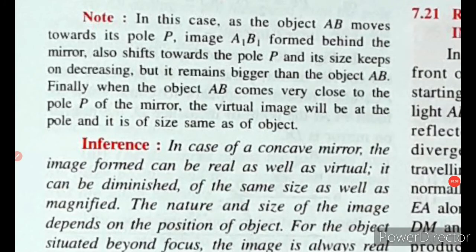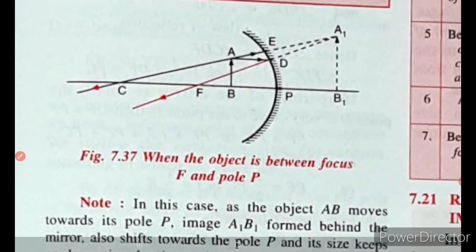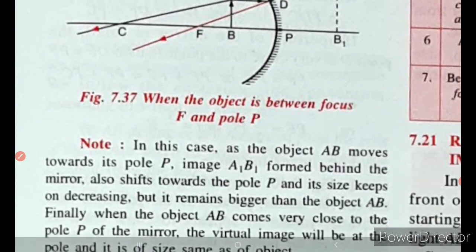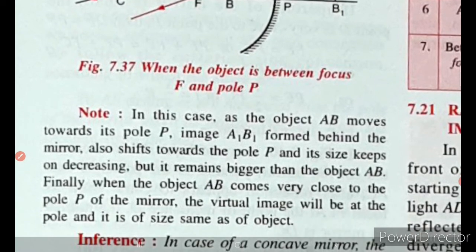So here is a small note for the last case. As the object AB moves towards the pole, the image A1 B1 formed behind the mirror also shifts towards the pole. So this means if the object is going towards the mirror, the image also shifts towards the pole, and its size keeps on decreasing, but it remains bigger than the object AB.